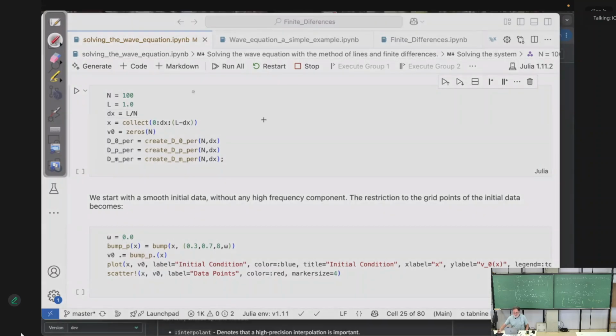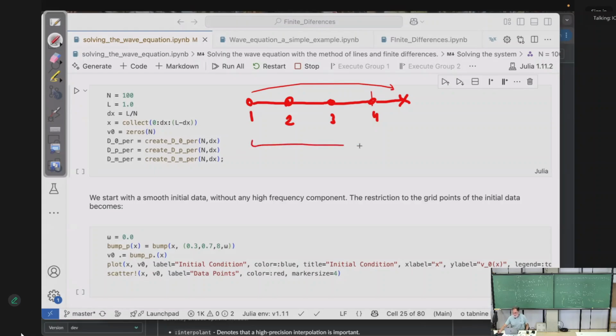So we are doing the first point, this is 1, and so 2, 3, 4, and the last point, this one we don't put because this one is the same as this one, right? That's why we take this point here at a distance L minus dx, and this is the distance L. So the last point is there.